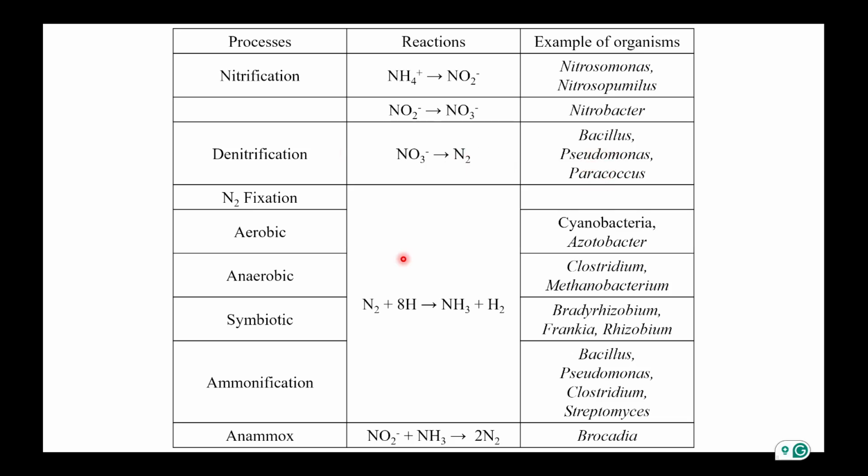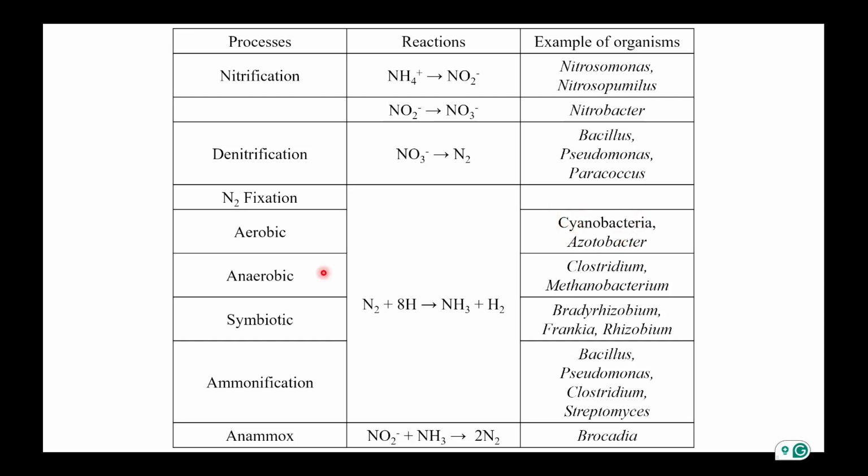Then this nitrogen is fixed by certain bacteria, and ammonia is the product. There are different nitrogen fixation processes. If the nitrogen fixation is happening in presence of oxygen, that is aerobic nitrogen fixation, carried out by cyanobacteria and azotobacter.